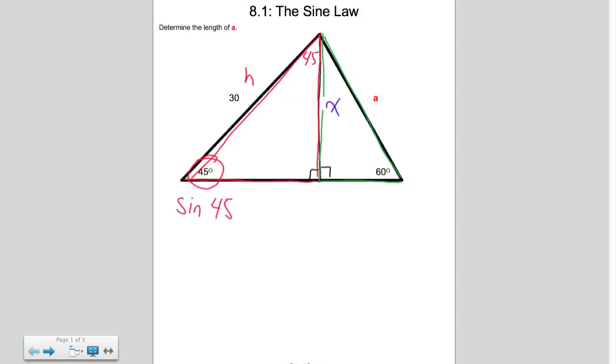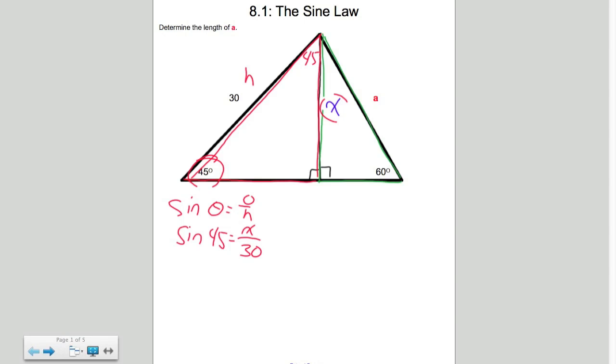I'm just going to write the sine equation first. Sine of theta is opposite over hypotenuse. Which is our opposite side? The 45. It's this one here, right? So sine of 45 is x over h, and in this case, h is 30.